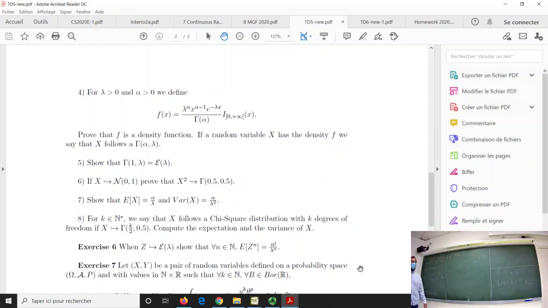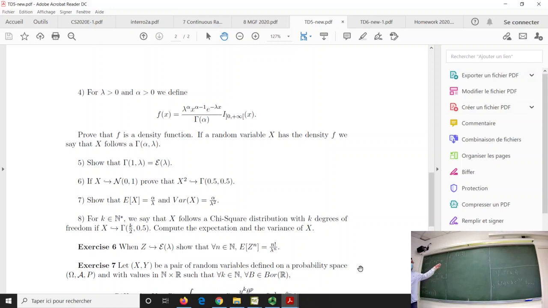It's what I am interested in. And I have to prove that the density of this gamma will be exactly what we have done together in class. That is, we will obtain the density of the square of N(0,1) that I have defined in the course as the chi-square distribution of parameter 1.